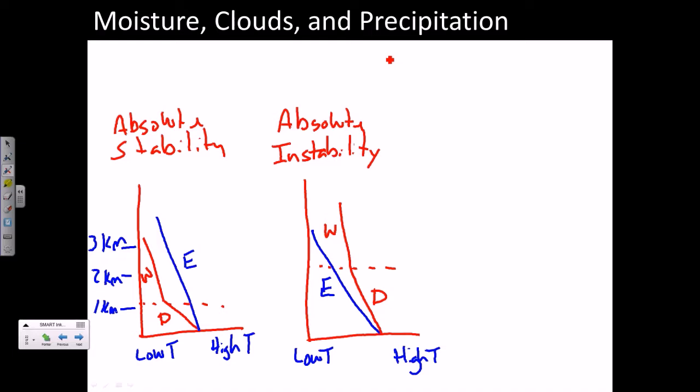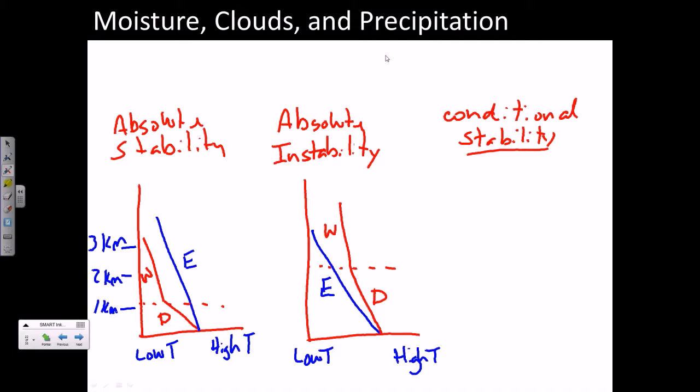And then you have the last one, which is conditional stability. I didn't talk about this or show an image of it. I'm just going to draw it now. Conditional stability is really a function of where the initial parcel is in terms of its temperature.